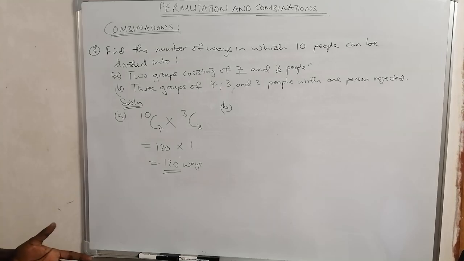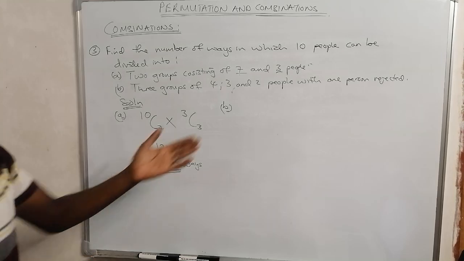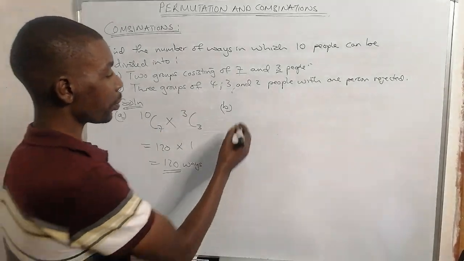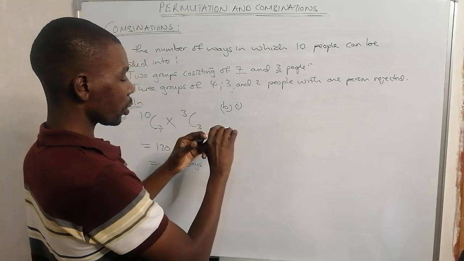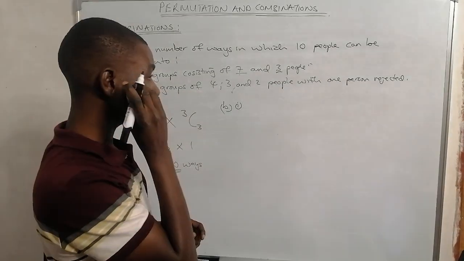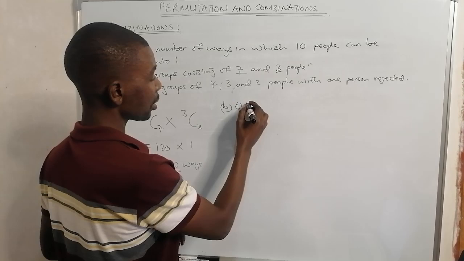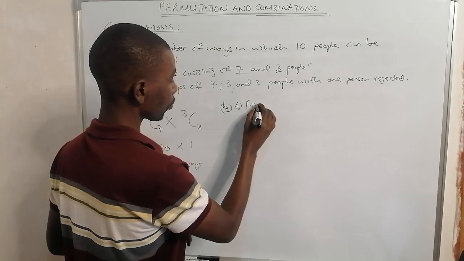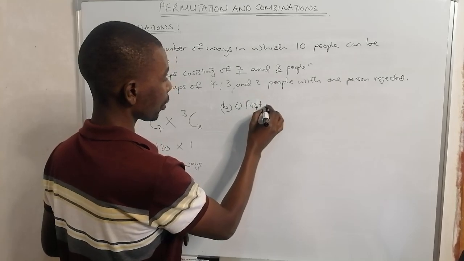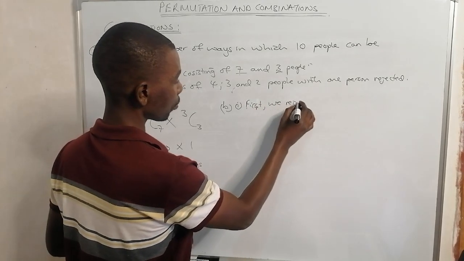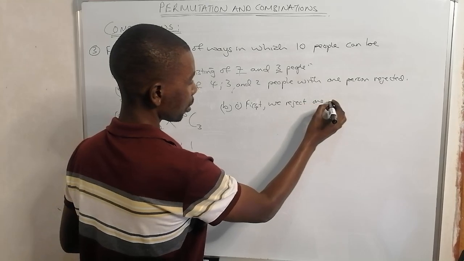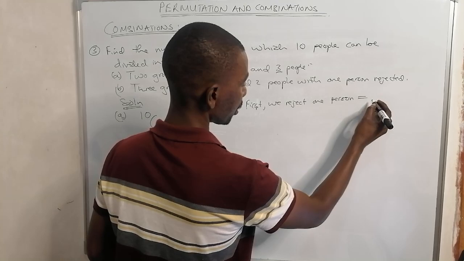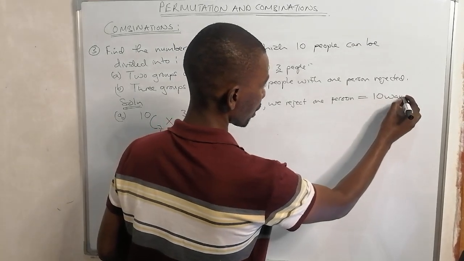To reject 1 person, because we don't know which one is going to be rejected.